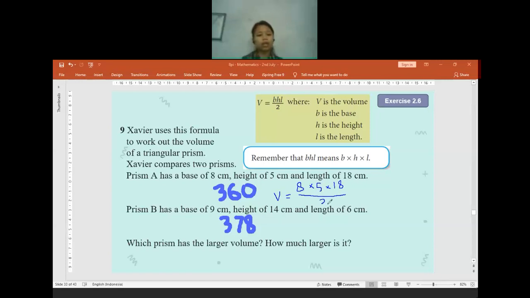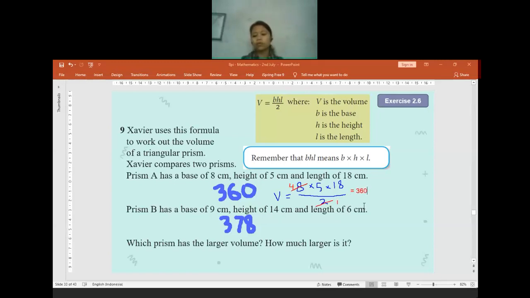Because it is division and fraction, we can cancel out any number that we can cancel. So I will cancel the number 2. 2 divided by 2 will be 1, 8 divided by 2 will be 4. So later you will just multiply 4 times 5 times 18, which equals 360.